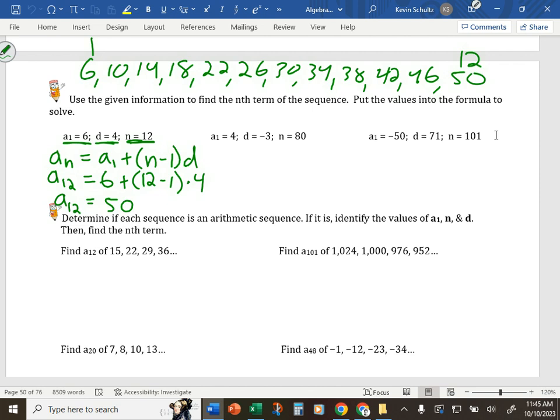Good job, Landon. Perfect. That's why we have the -1.